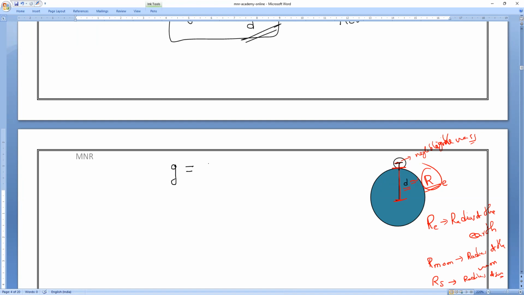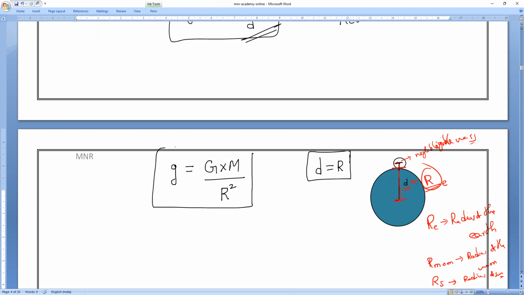Small g is equal to capital G into capital M divided by D, where D is approximately R. So in place of D, I will write R square. This is the standardized formula for small g. Please learn it. Small g is equal to capital G into capital M divided by R square.